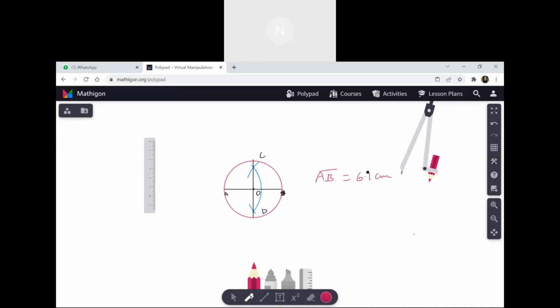If you divide 6.1 by perpendicular bisector, then it came as radius. When I do the division, it can be done this way also, 3.05. But without taking 3.05 as the radius, we are constructing straight away 6.1 as the diameter.